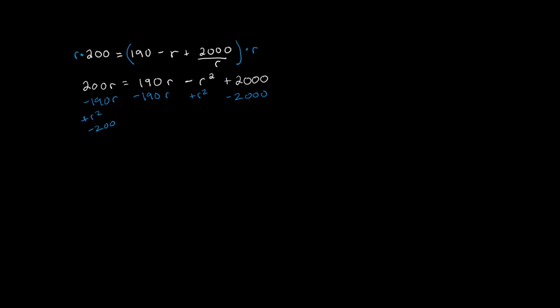That puts everything on the left, and then I'm going to put it in the correct order so that we have r squared first, then 200 minus 190 is 10r, and then minus 2,000 equals 0.